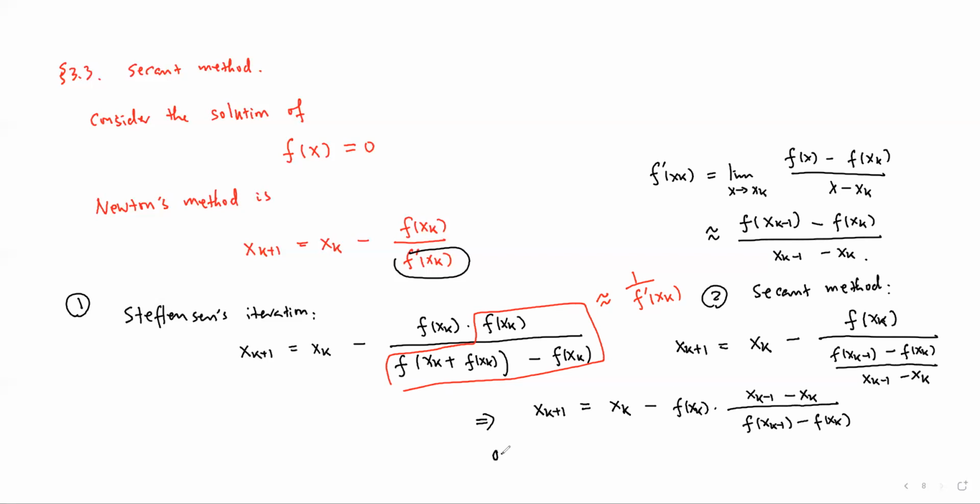A second formula is x_{k-1} minus f(x_{k-1}) times (x_k minus x_{k-1}) over f(x_k) minus f(x_{k-1}).